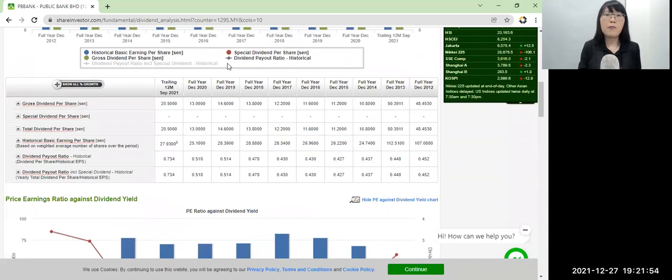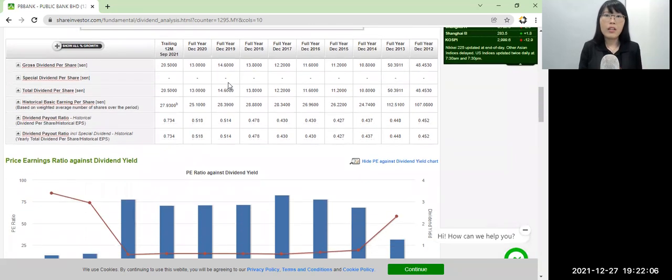Usually we will study 5 years of data, but ShareInvestor WebPro and also ShareInvestor Station can show you up to 10 years of data. When you scroll down, you can see the gross dividend per share, special dividend per share, total dividend per share, historical basic earnings per share, dividend payout ratio, and so on.